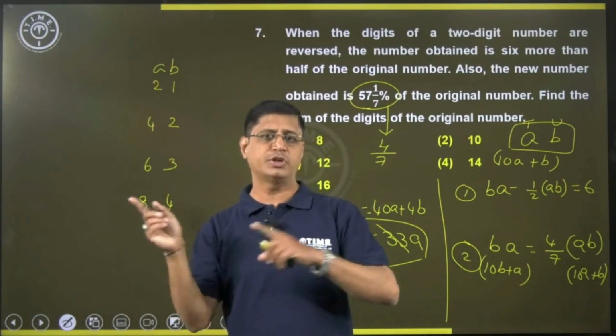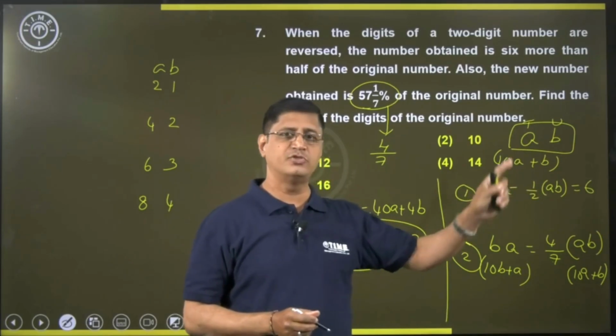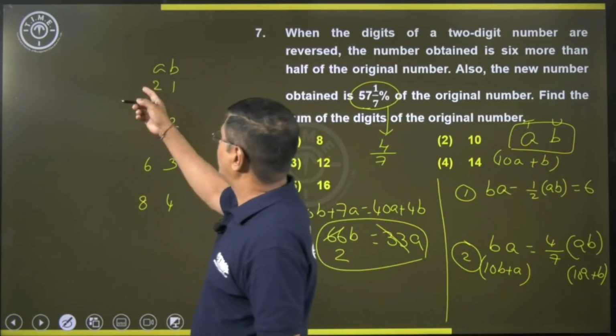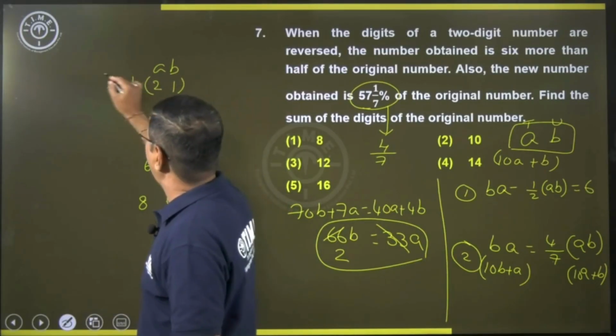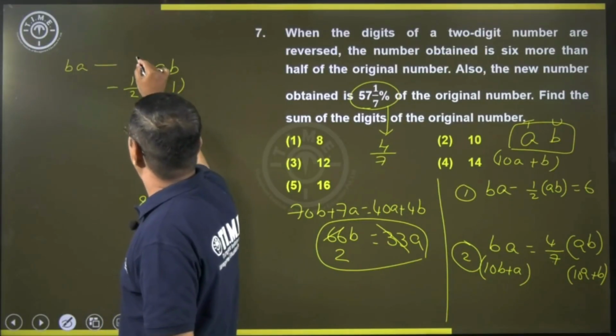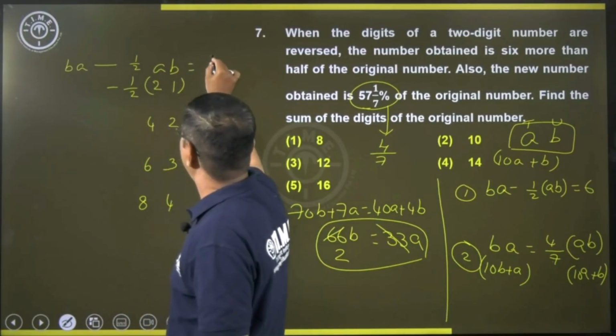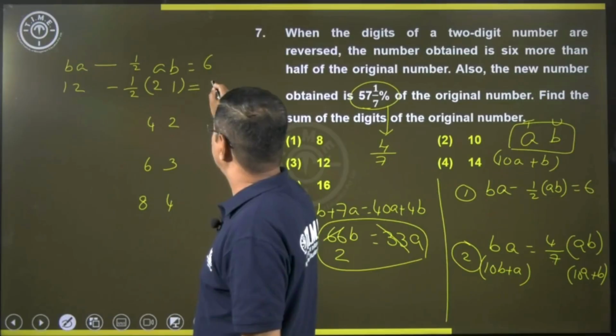Now, which possibility is satisfying the first condition? BA minus half of AB is equal to 6. When you subtract half of the original number from the reverse of the number, the result should be 6. Reverse of 21 is 12. Is it equal to 6?